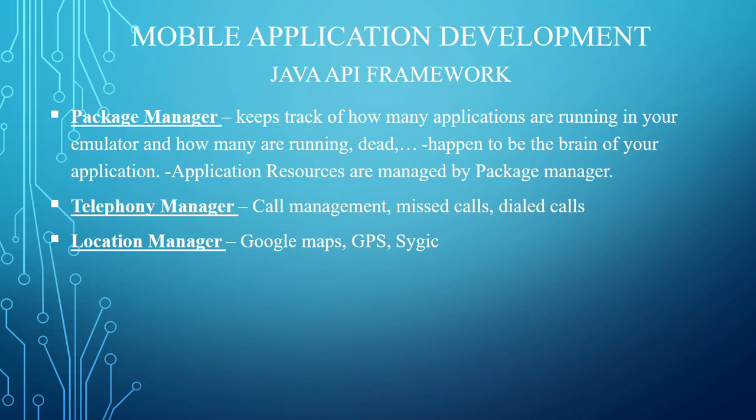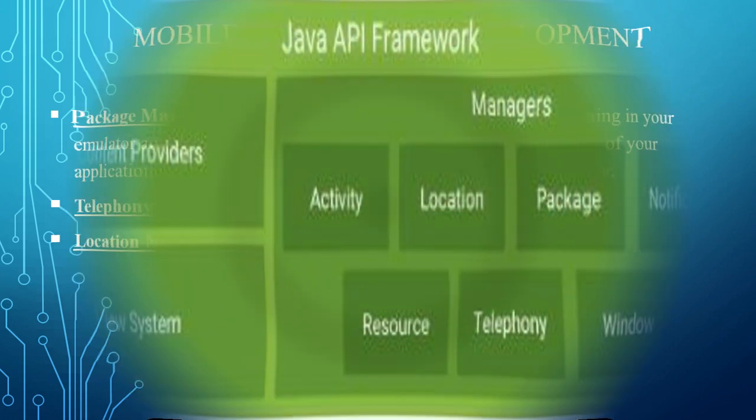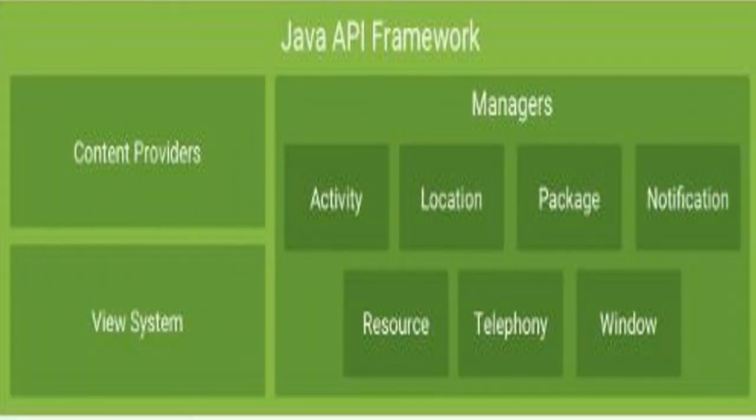Telephone Manager for calls, missed calls, dialed, and all other kinds of calls. We have Location Manager, Google Maps, GPS. And we have the Java App Framework. That's where we have content providers, like I said, view system. We have all these things.